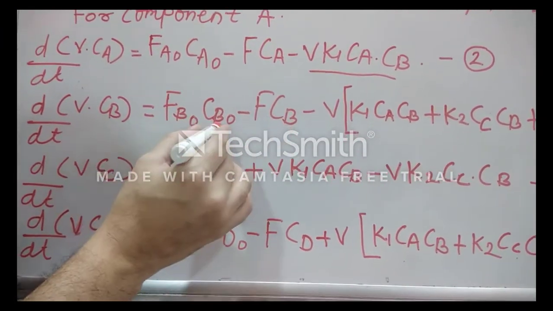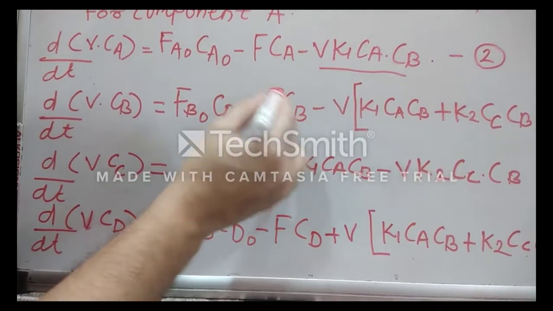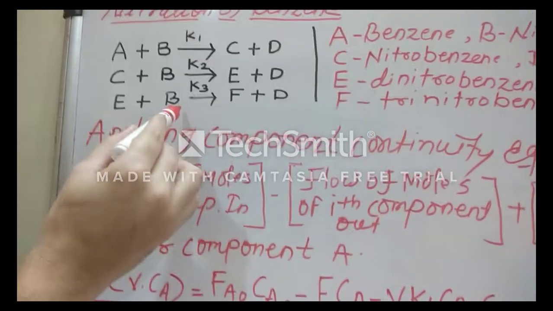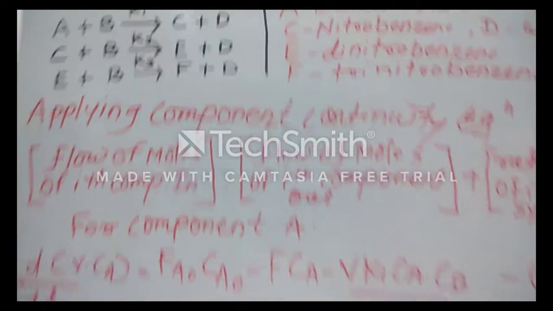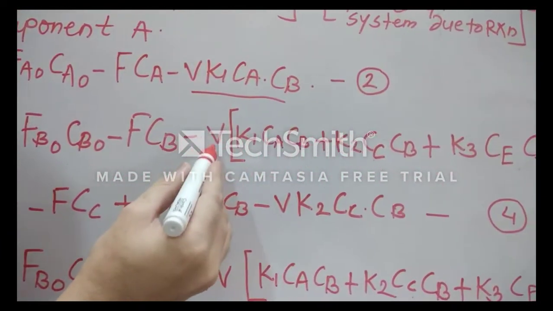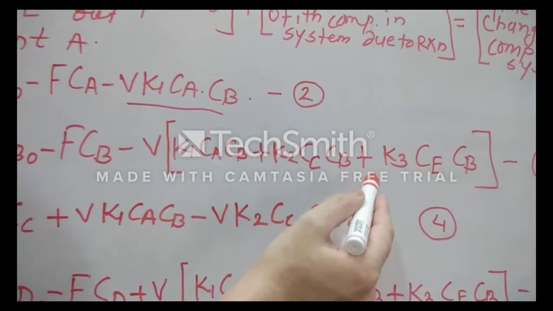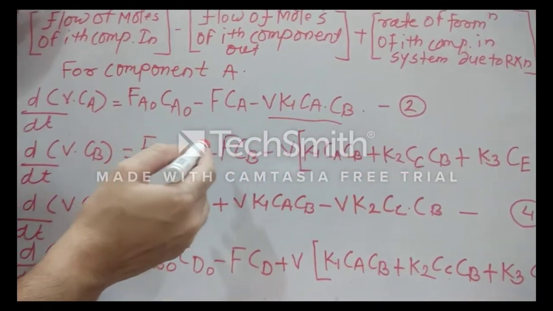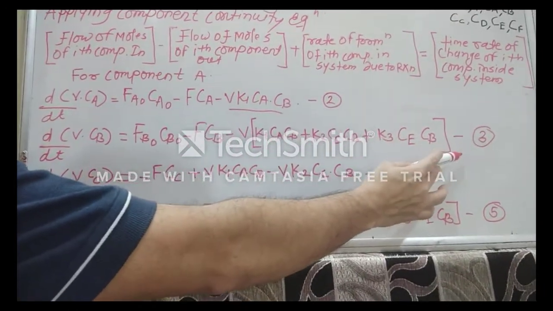So Fb0 Cb0 is the moles of B entering the system, minus F into Cb is the moles of B leaving the system, minus, as B is involved in all these three reactions, the rate of reaction of B is given by minus V K1 CaCb plus K2 CcCb plus K3 CeCb, because B is involved in all these three reactions. So these equations form the component continuity equation for component B.